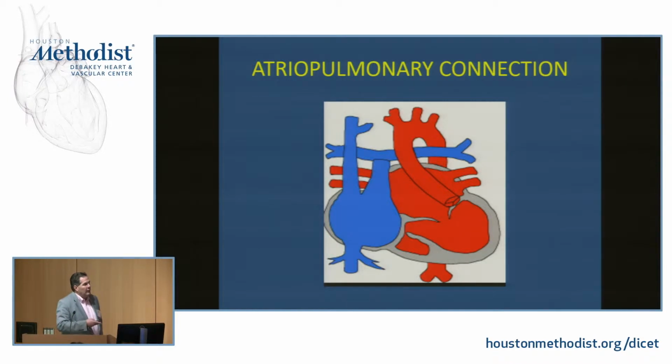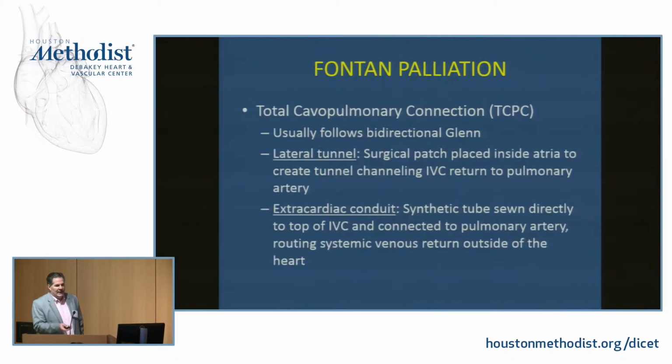But because of the complications of that type of repair, there was some evolution, and that developed into a lateral tunnel and the extracardiac conduit. These days, typically one of those two versions is done.